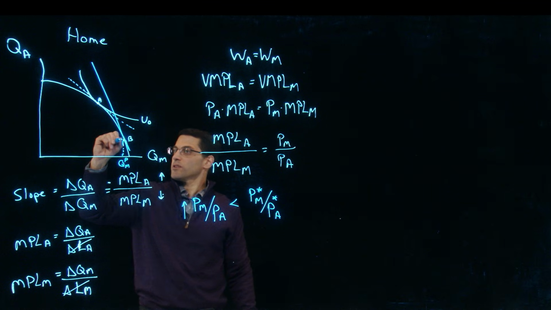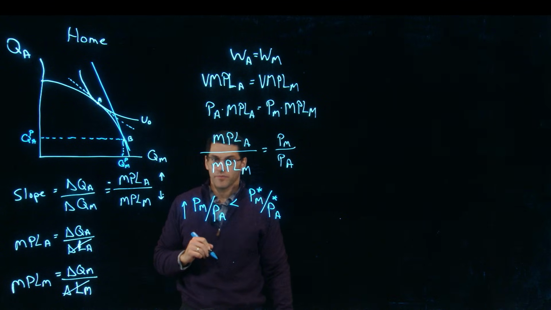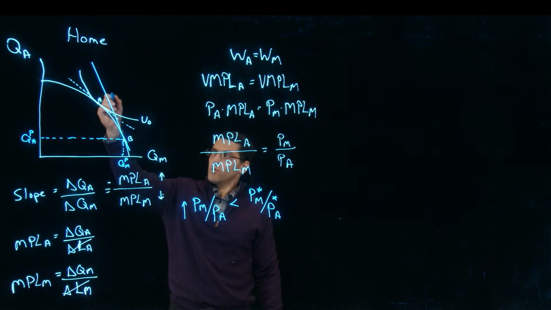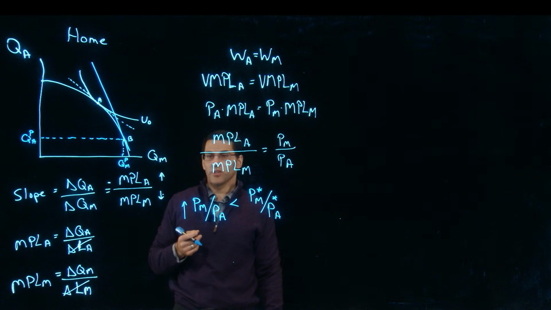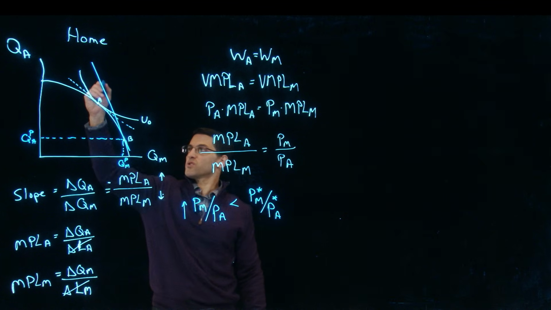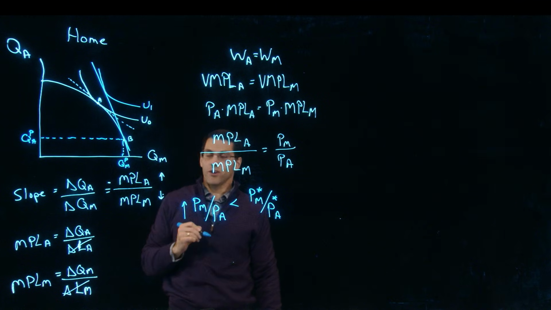And this here is the quantity of agricultural goods that's produced. Where will our society, our households end up consuming? Well, they'll end up consuming somewhere in here, because that will yield a higher level of utility reflected by this higher indifference curve.